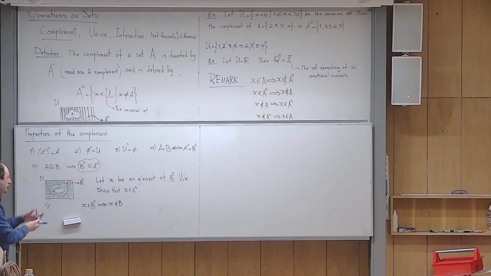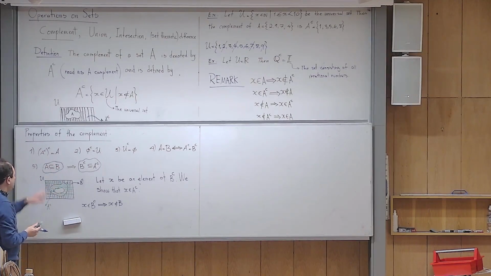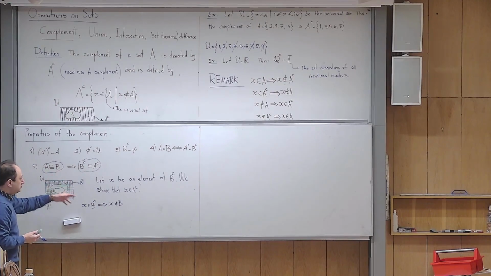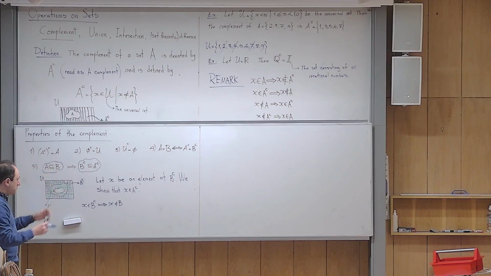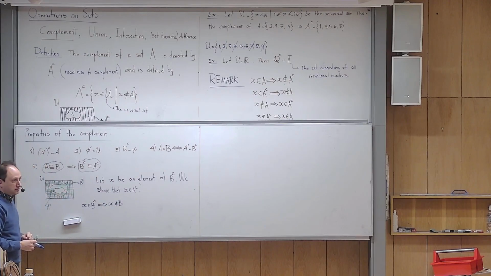Okay, but now I have an assumption here. My assumption is that A is a subset of B. Now I know X is not in B. Can I conclude that X is not in A? A is a subset of B, and X is not in the bigger set. So can I conclude that X is not in A? Yes, this is logical, yes?